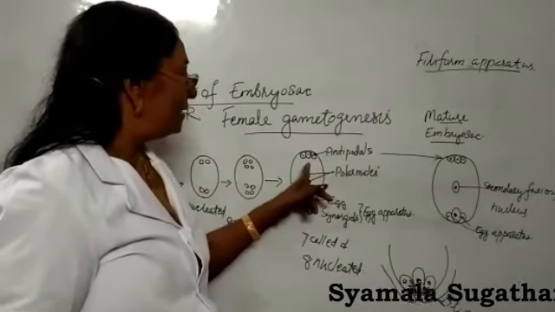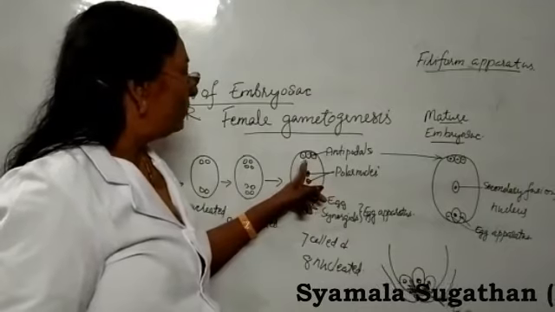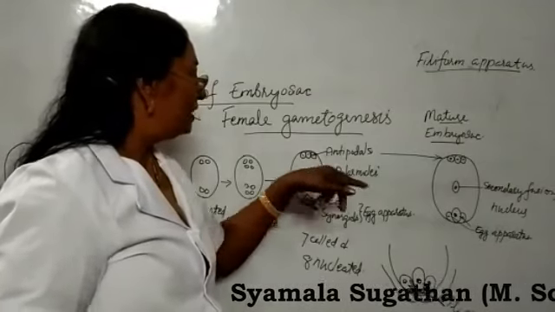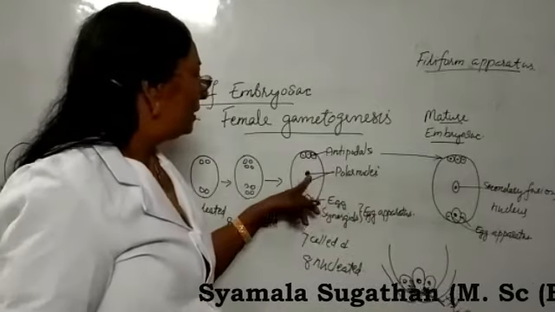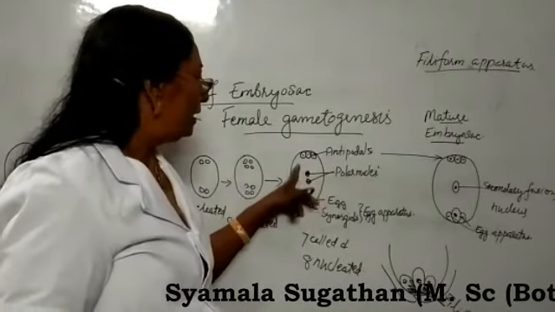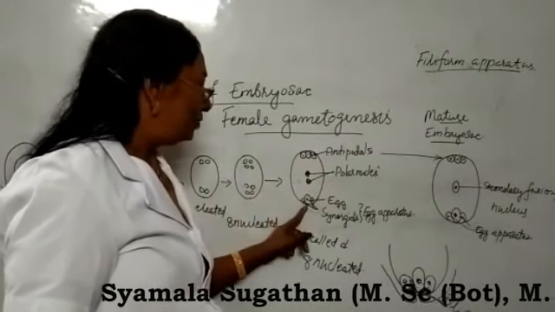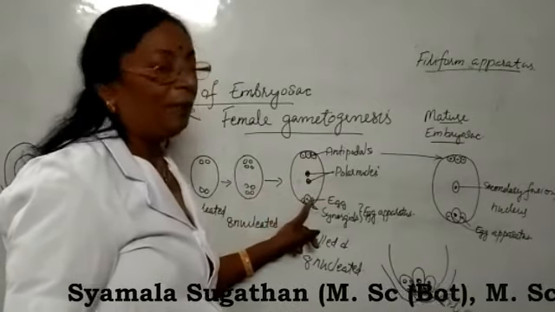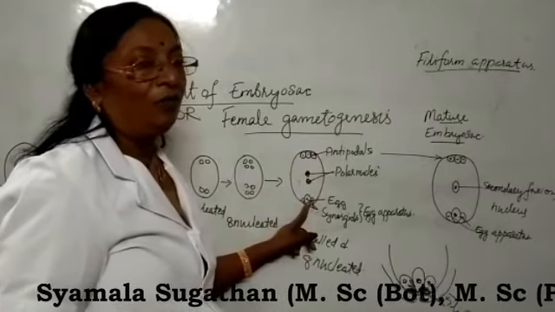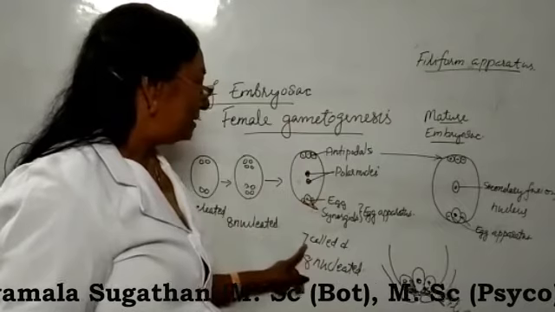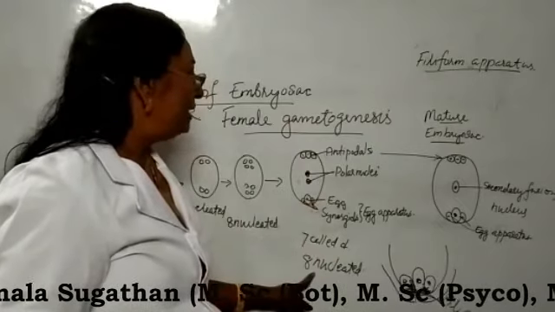The 7 cells are formed by wall formation. We can see 3 antipodals by wall formation develop into 3 cells. Then the 2 polar nuclei within this large cell form 1 cell, and towards the micropylar end the egg apparatus by wall formation forms 3 cells. Altogether we can see it is 7-celled and 8-nucleated.